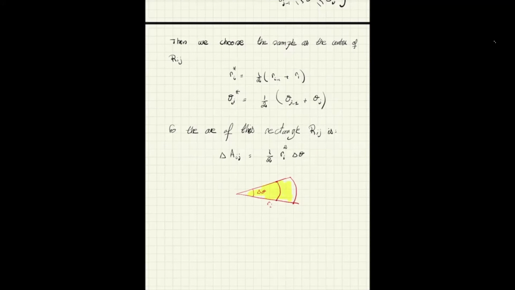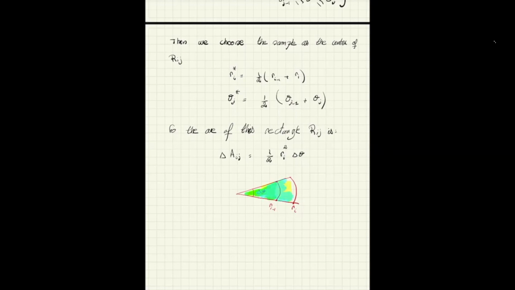So this is R_i, and this is R_i minus 1. So this is the area of this thing, and then you have the area of this whole thing, right?